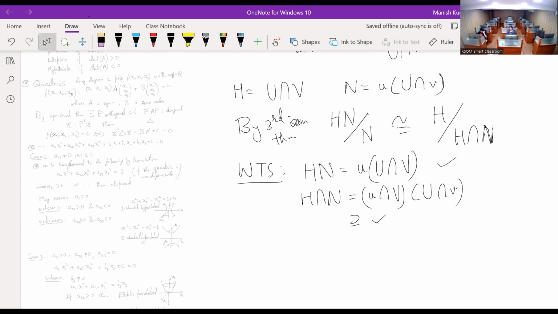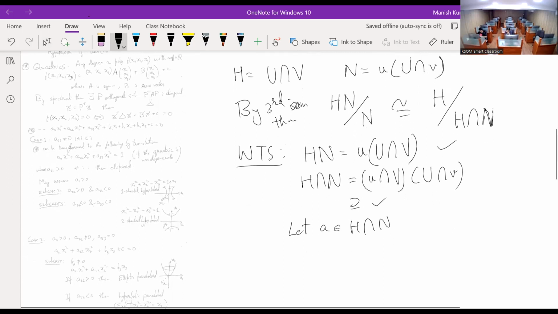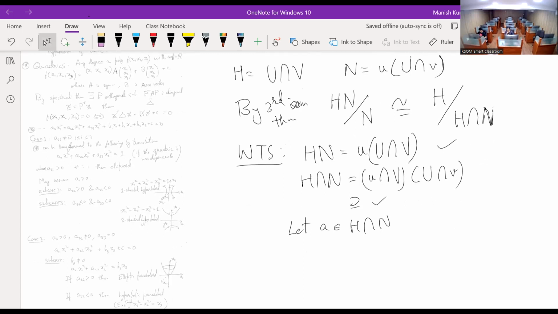Now let A belong to H intersection N. Then we want to show that A is in the right hand side. A being in H intersection N means A belongs to U intersection V, and you can write it as B times C, where B is in little u and C is in capital U intersection V. That is what we are given.